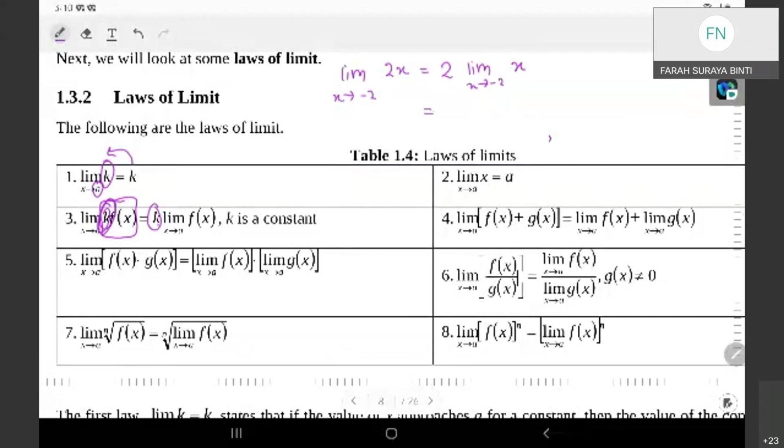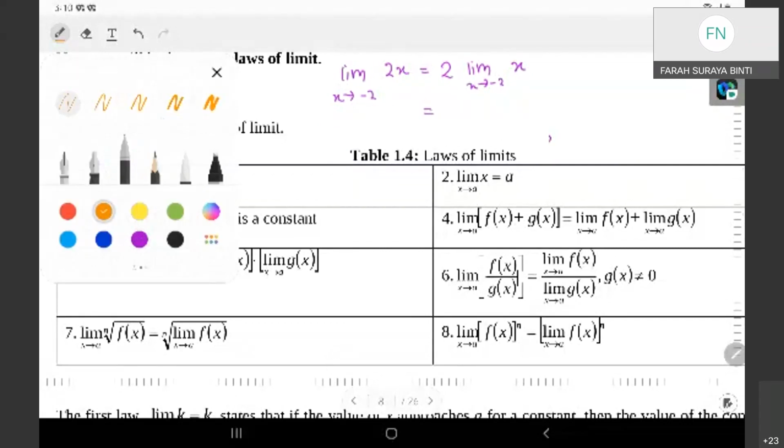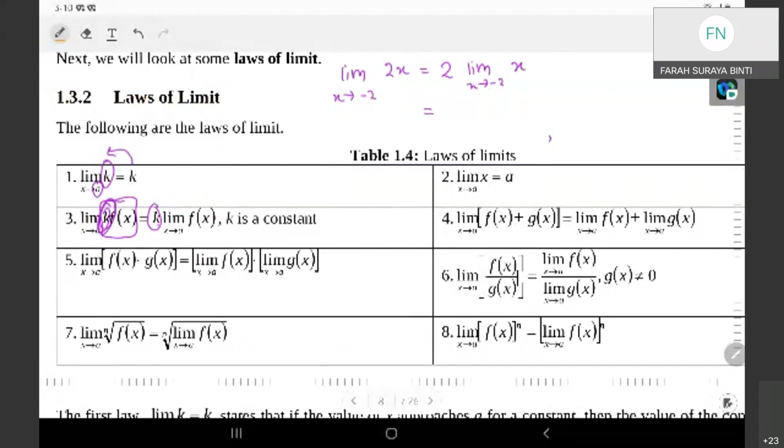Okay. And then look at this term. This term is same with law number 2. Sama. So when we apply law number 2, what will happen with this limit?